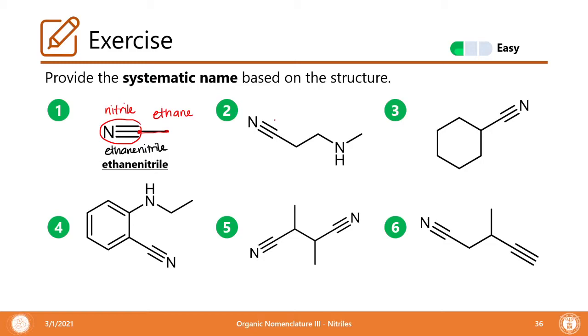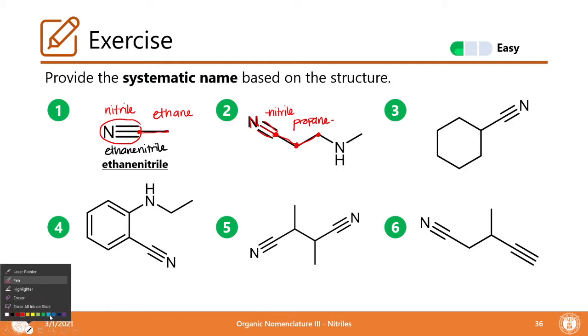Here we have our nitrile group. Okay, and then counting the number of carbons, 1, 2, 3, we have propane nitrile. Okay, and then we have a substituent here.